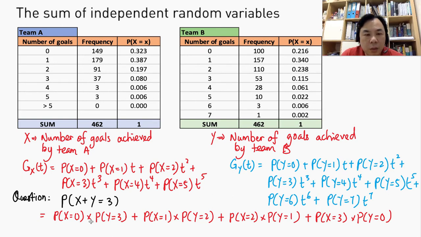Okay. We're going to come back shortly. I'm going to rewrite this in a proper manner. Then we can understand it more easily. Then we can go through the derivations as to how we make use of the combined probability generating function, right?